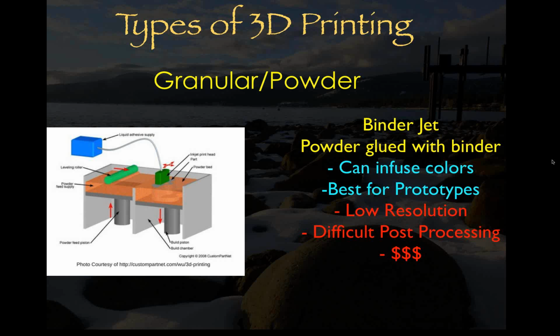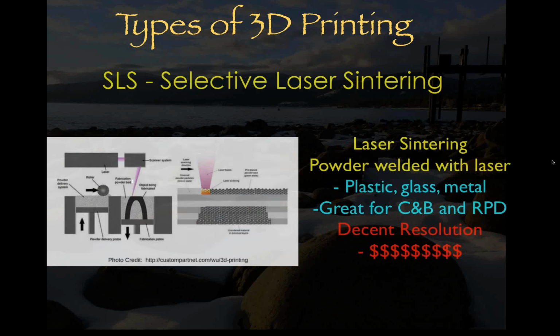Again, it's used a lot for prototyping of products that companies want to bring to the market, not really so much for dental. The resolution is too low. Again, the post-processing is difficult, and it's quite expensive. But between this and jet printing, I think we're going to see a little more interest in these areas as the years go by and the technologies get developed and the price comes down a little bit.